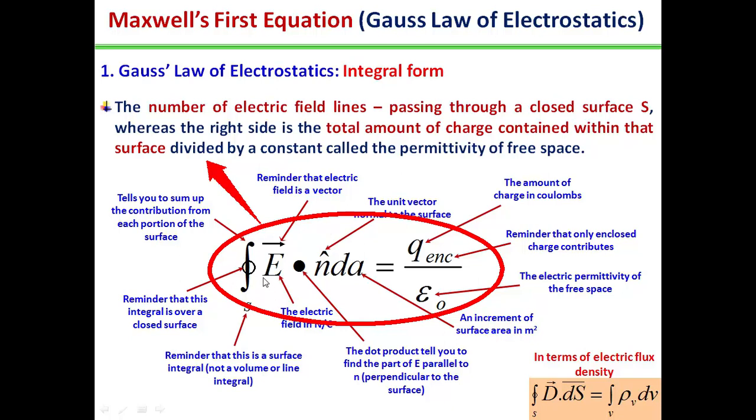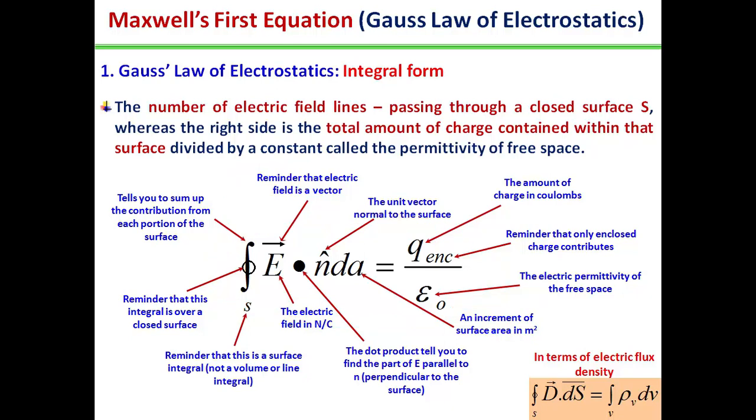It means the number of electric field lines passing through a closed surface S, whereas the right side is the total amount of charge enclosed within that surface divided by a constant called the permittivity of free space, that is epsilon naught.